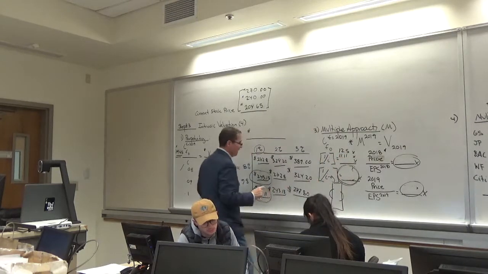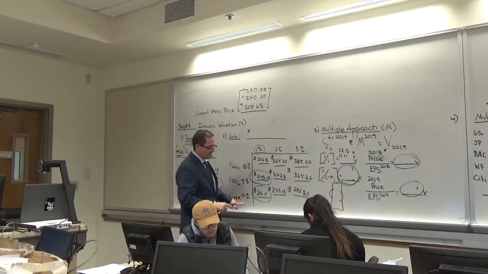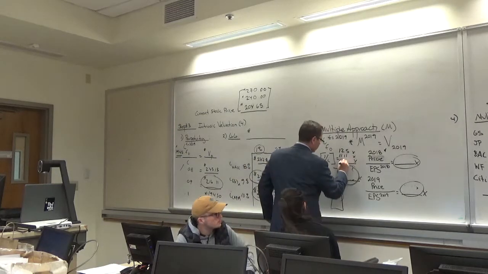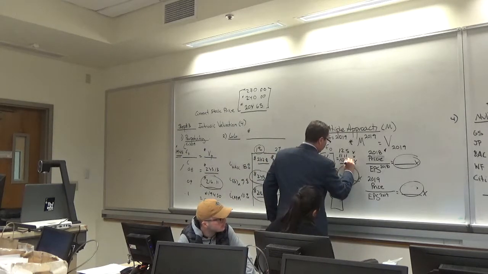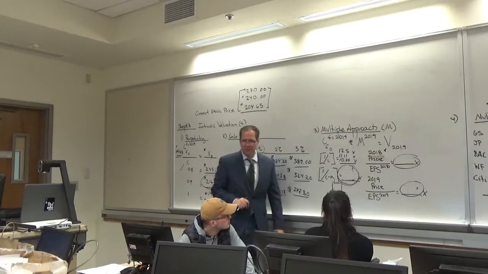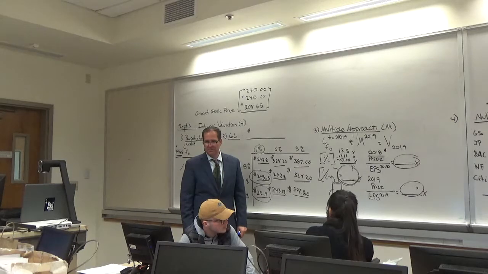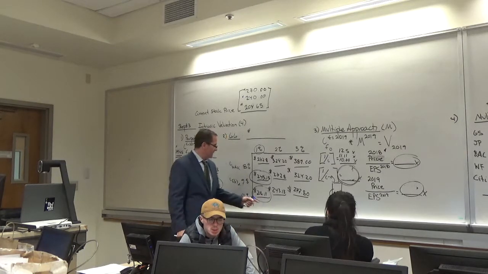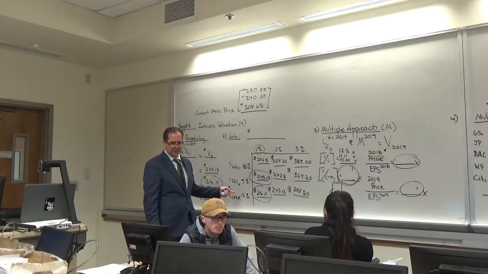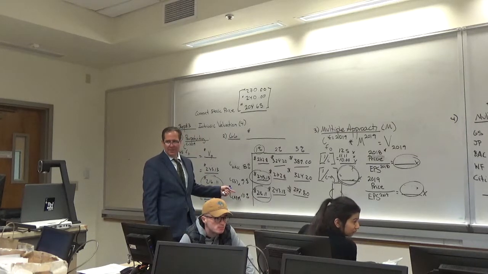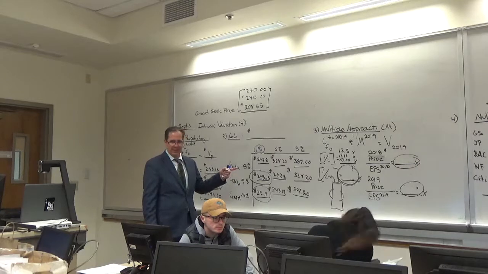What is 1 divided by 0.1? 10. Can I impute multiples from the expected returns, from the discount rates? Yes or no? Yes, I can, because I just did it, using the perpetuity model.